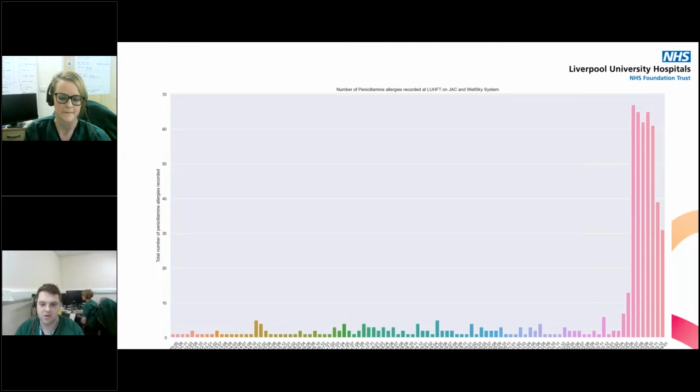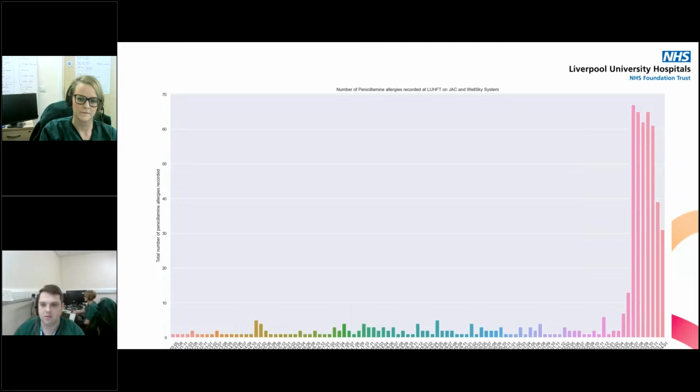Yes, this is a chart I put in just to highlight the issue that we've had. When I said we went live about July last year, you see that over time penicillamine allergies up until that date in July were minimal in the old system. And when I showed that interface before, where you selected from the drop down list, that shows that was simple enough to alleviate the issue.